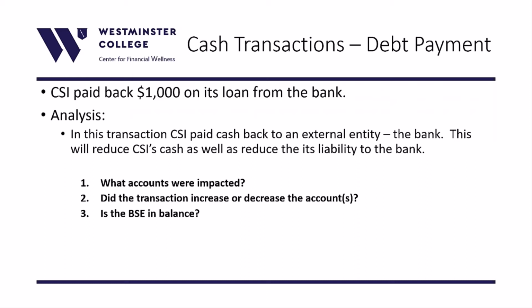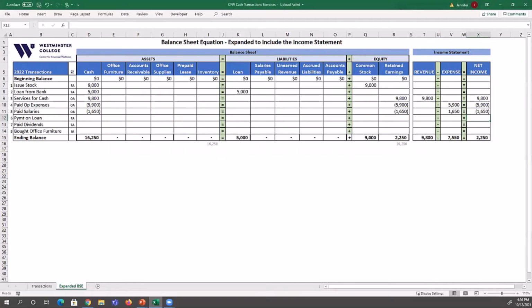All right, so let's go back to our balance sheet equation and see what we think the impact is on the accounts. All right, so here's the loan right here, and we're paying back $1,000 of that. So clearly we're going to impact our cash account. And I'm thinking since it's the principal on the loan, we're pretty clearly reducing our liability to them.